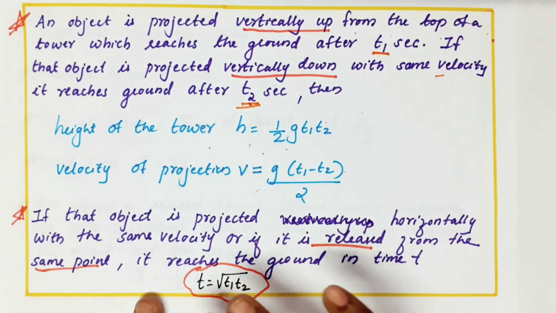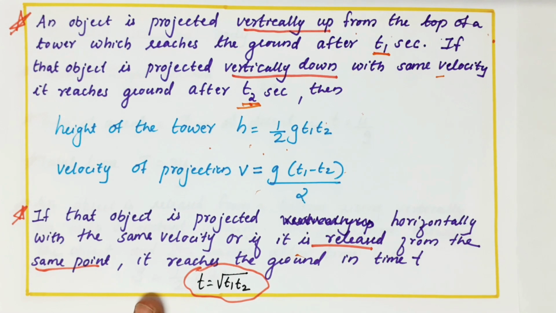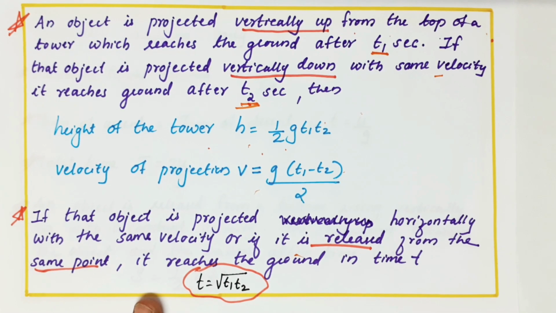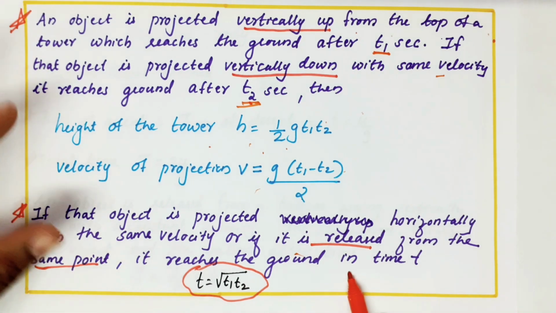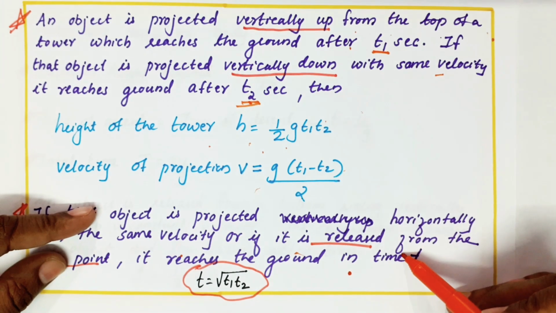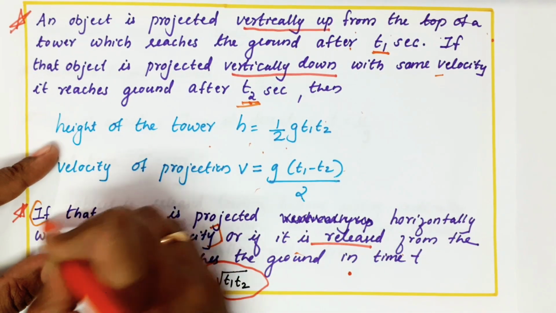If the same object is projected horizontally with the same velocity, or if it is released from the same point. So here you need not take this part, you can take this part.